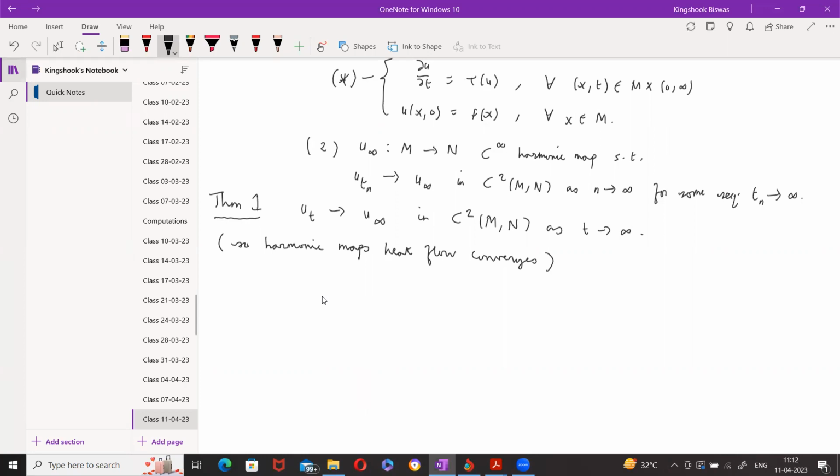So what we want to do is look at the heat flow applied to homotopic maps.